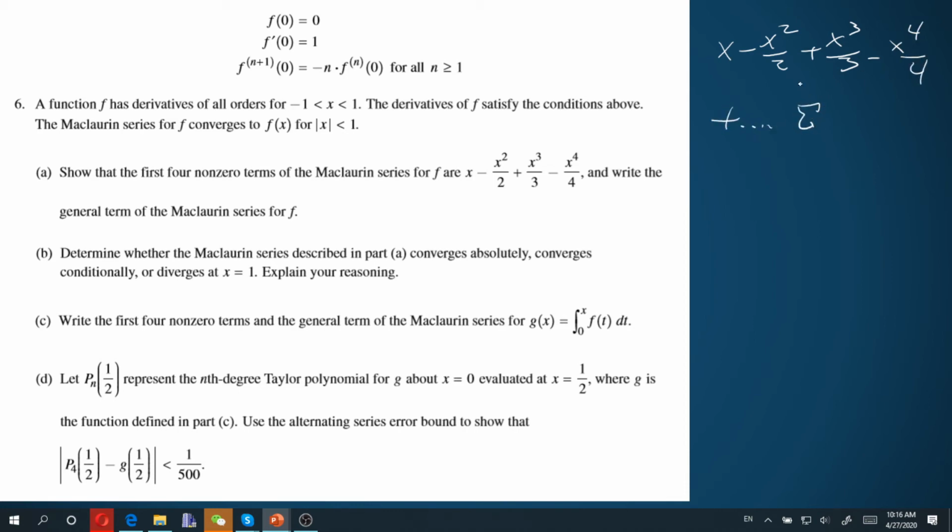So while I'm doing this again, what's going to happen for our terms for the integral? So if we integrate it, then that's x.